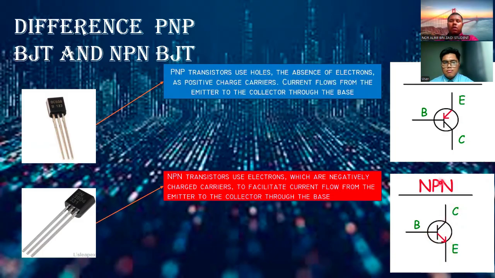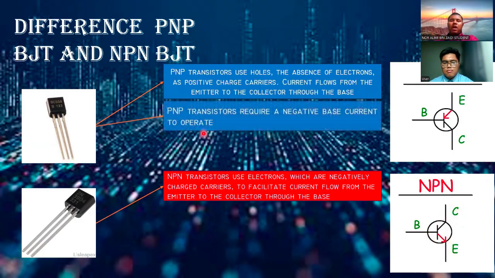Also, a PNP transistor requires a negative base current to operate, because when you are using the PNP type, this junction here is forward biased, but this one is reverse biased.